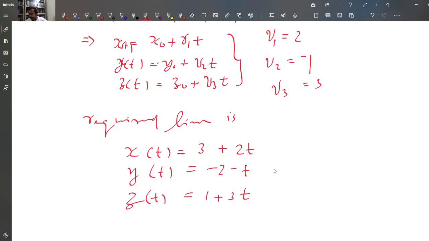So t belongs to minus infinity to infinity.